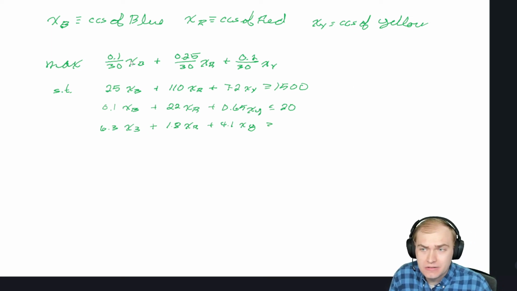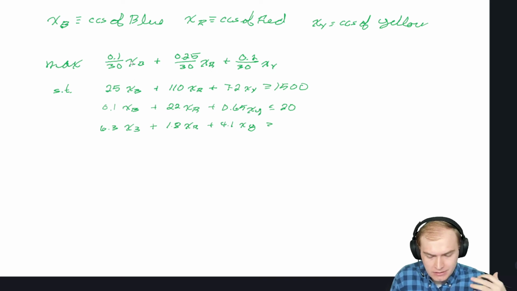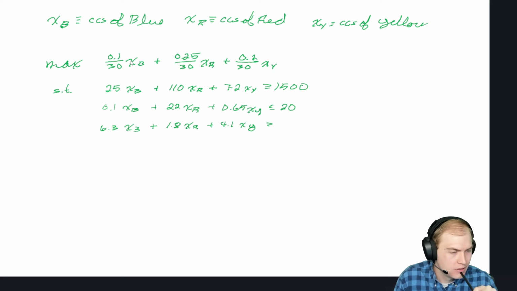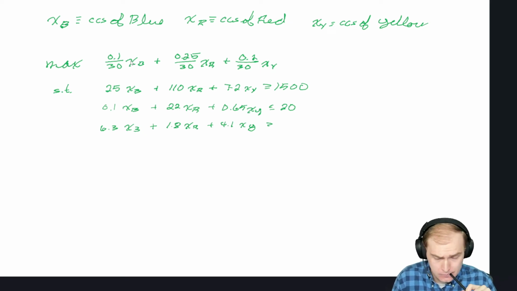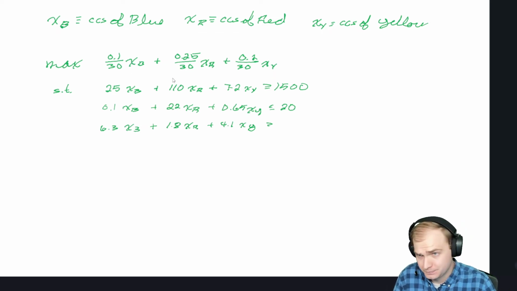So the objective was to create the average tastiest meal. So I interpreted that as the highest deliciousness index on average, or maximize the deliciousness index of your mixture.